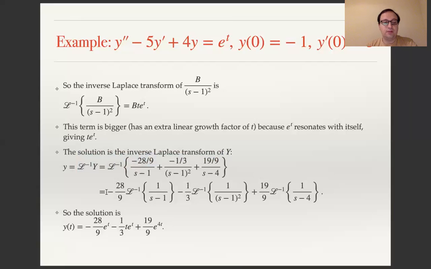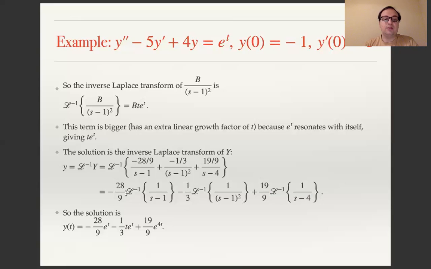So we get minus 28 over 9 times the inverse Laplace transform of 1 over s minus 1, then minus 1/3 times the inverse Laplace transform of 1 over s minus 1 squared, plus 19 over 9 times the inverse Laplace transform of 1 over s minus 4.